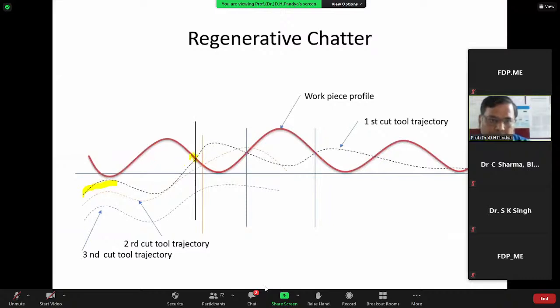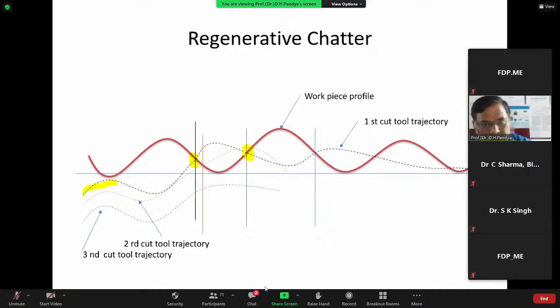what will happen at this point? The cutting tool that is in contact with the material is suddenly disengaged from the material. It means whatever energy was stored during this cutting operation suddenly releases at this point. After a fraction of a second, the tool comes in contact again with the material.